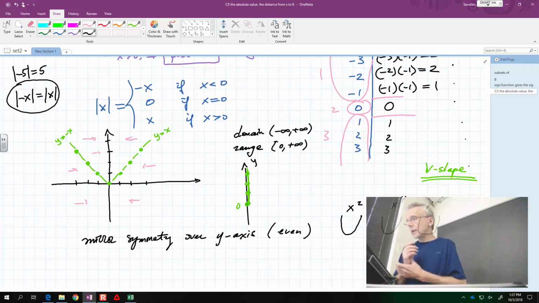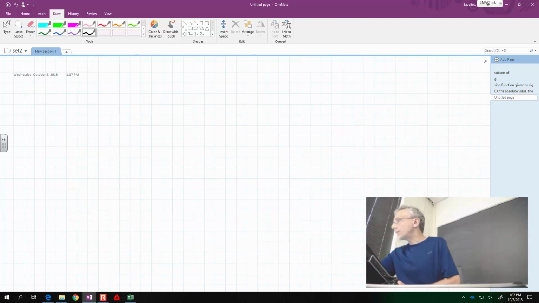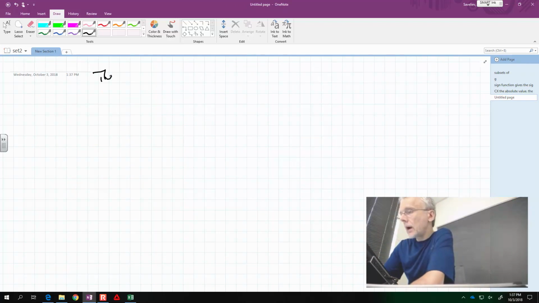Okay, so that is a piecewise defined function. Also very important, probably more important than the last one. The next one is also important for different purposes, but slightly more challenging. It's called the integer value function.